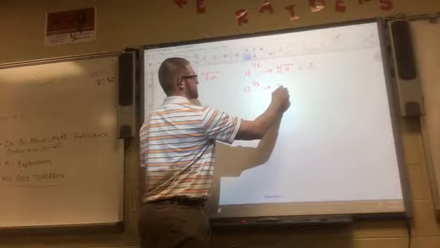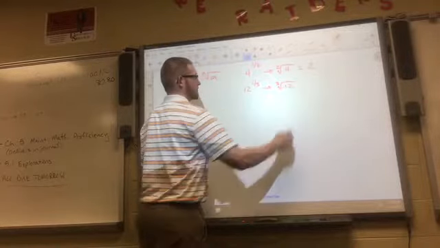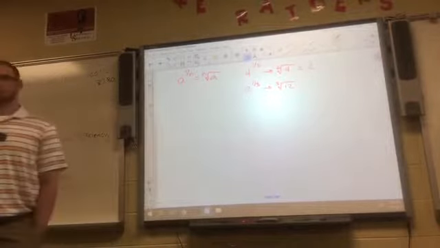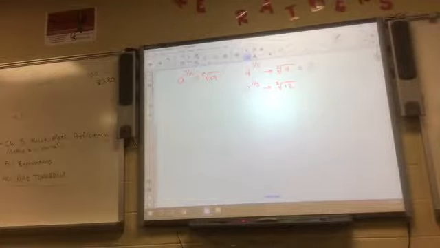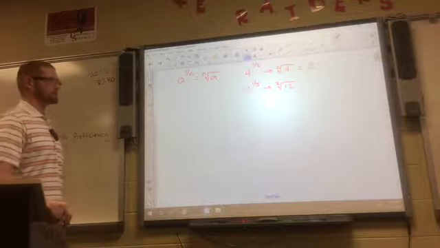This would be the cubed root of 12. It's just a new process for you. And a fraction exponent is just a radical written in a different form.